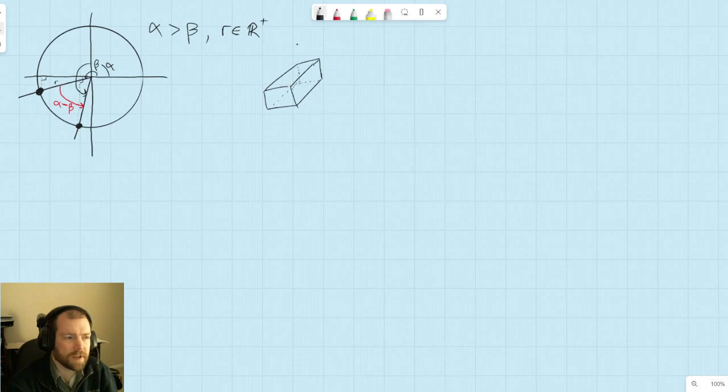Yep. So if you're looking at the individual surface area, so how much of this would you need to paint if you were trying to put paint on the entire outside of this thing? Okay.